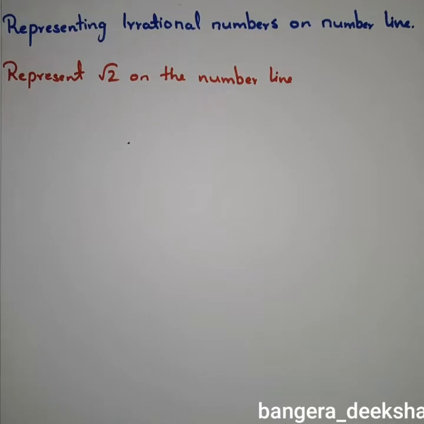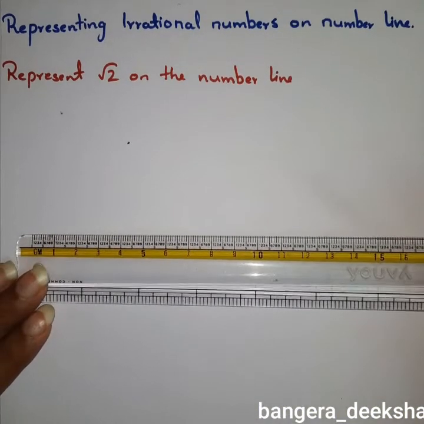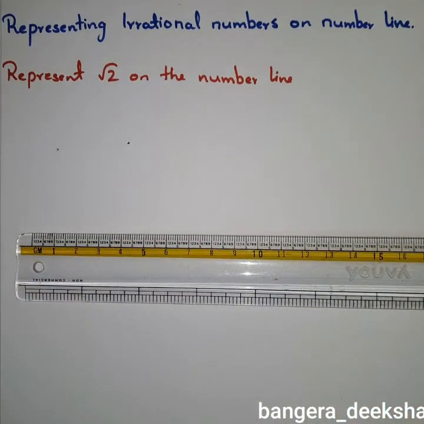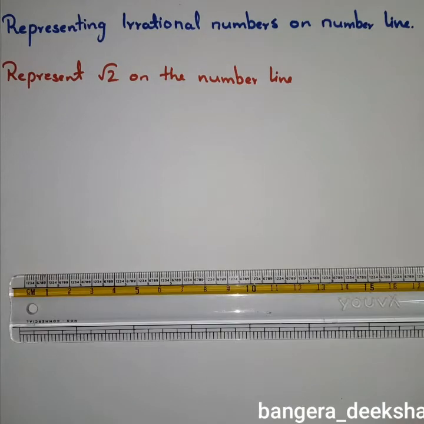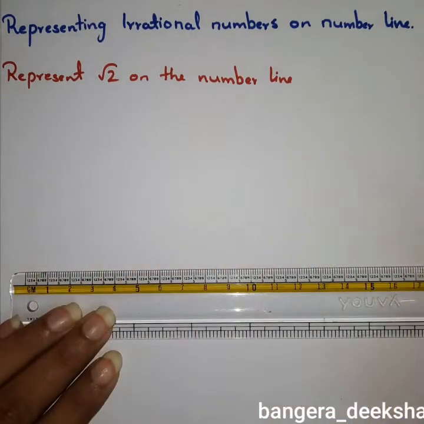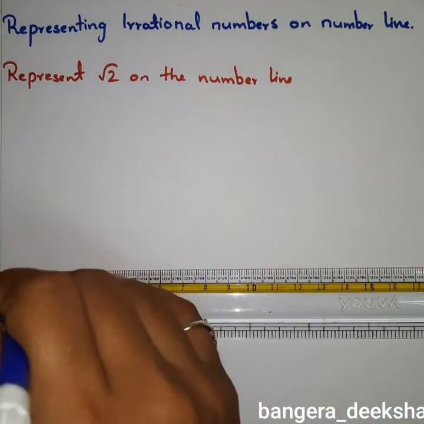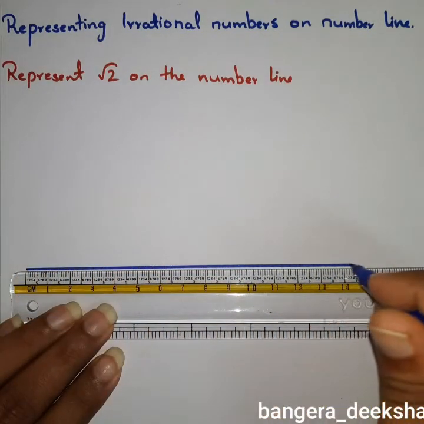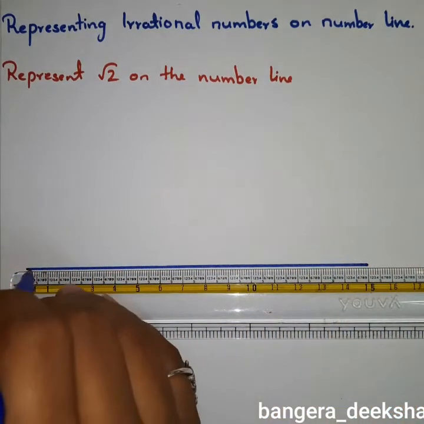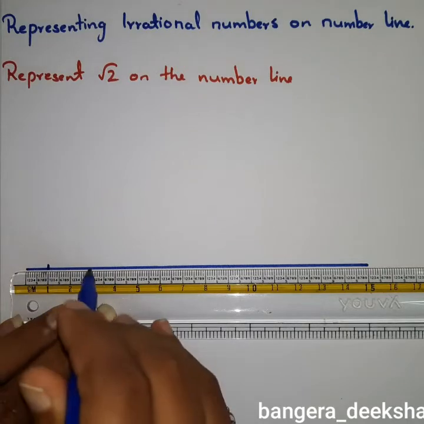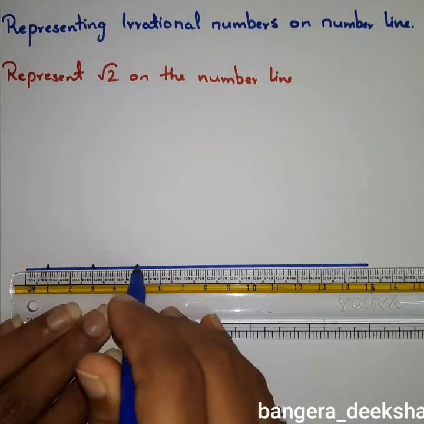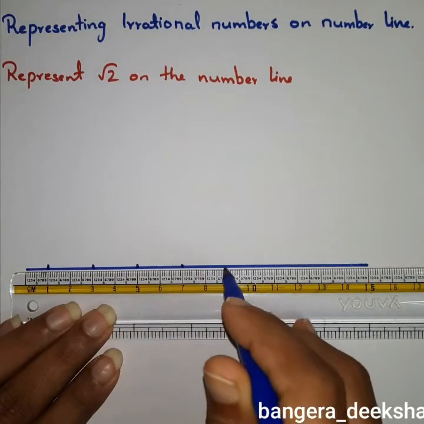So first we need to draw a line in such a way that we mark 2 centimeter as 1 unit. So this is my line. I'll start marking with every 2 centimeter.